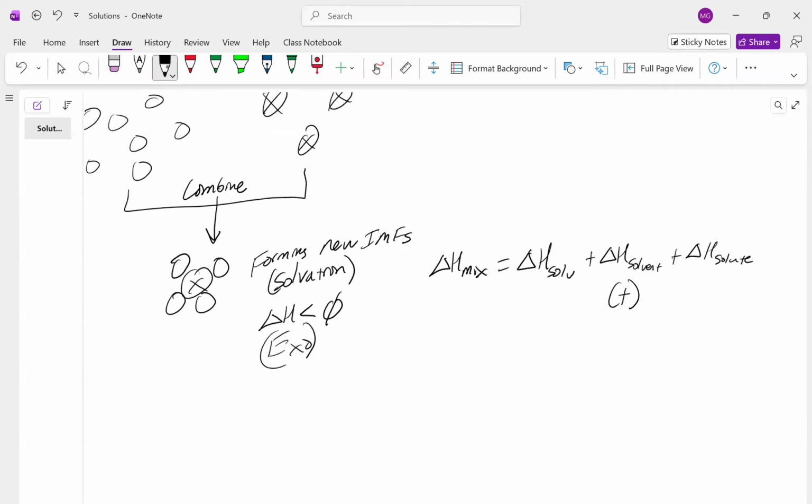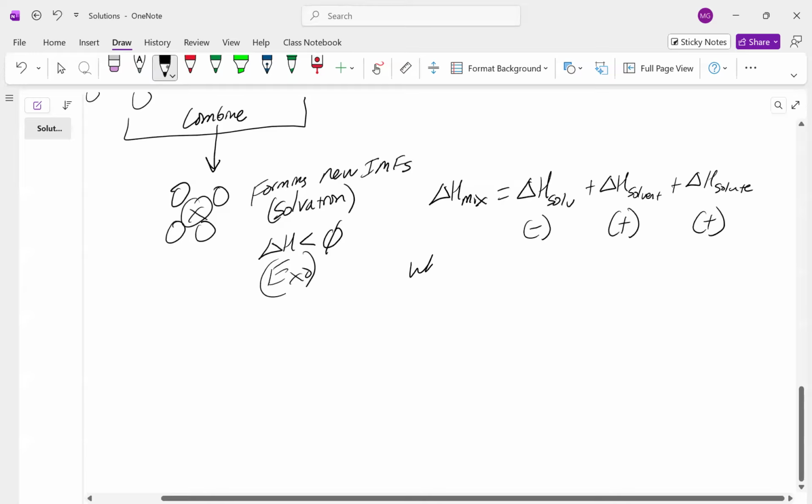Now, breaking up the solvent and breaking up the solute, as we said before, are endothermic processes, and the solvation enthalpy is always negative.